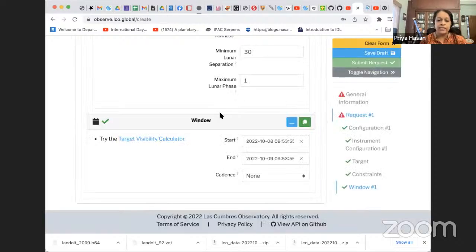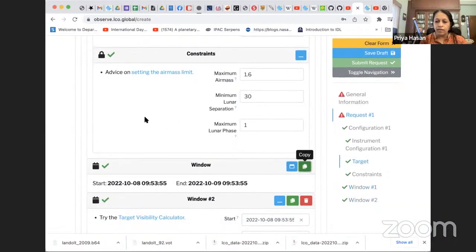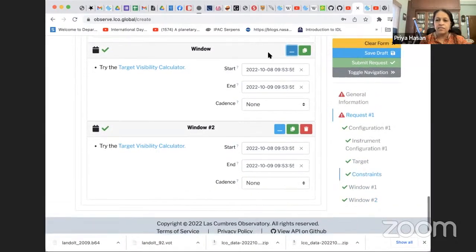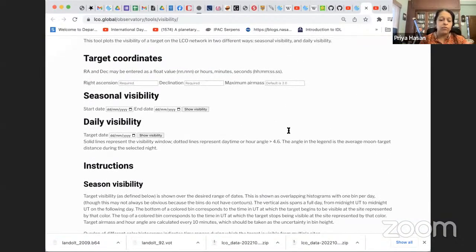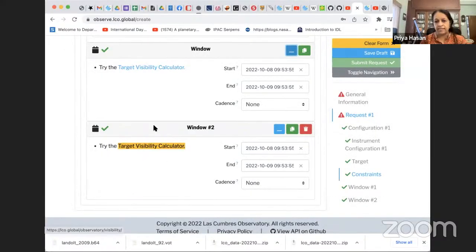So I can see it and it can tell me if it is visible or not. Okay. So here is my visibility. So if you want to check if this object is visible or not, you can actually put it over here and see it, right?